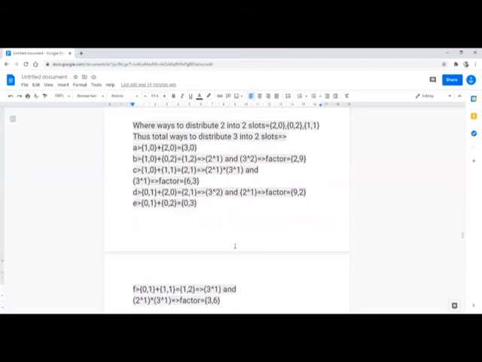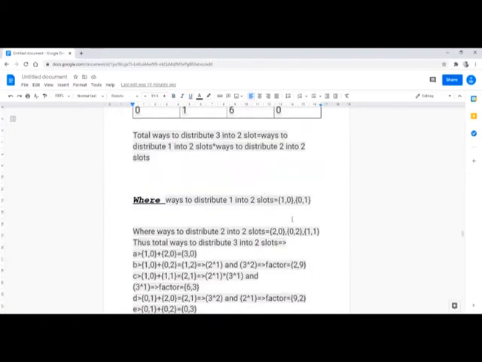Where ways to distribute two items into two slots, there are three possibilities: 2 0, 0 2 and 1 1. Thus the total number of ways to distribute three items into two slots is obtained by taking each term and combining it with all the others. Similarly, next time we take the next term and combine it with all. That's what we've done here.